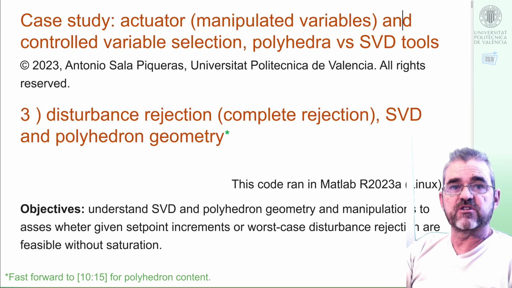So, how do we address total disturbance rejection? Well, the basic idea is that the increments of output due to GU must be equal but with opposite sign to those caused by HD.